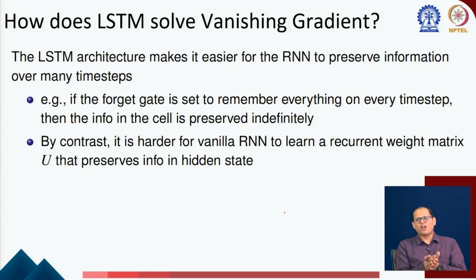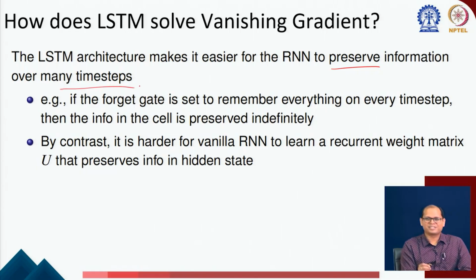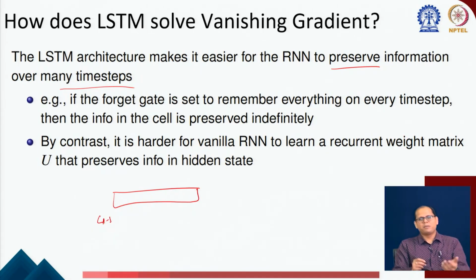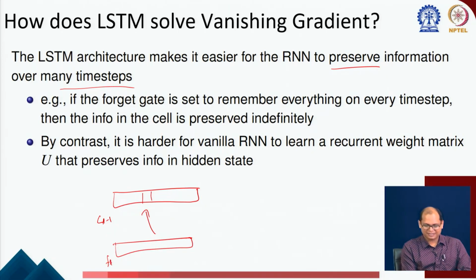So how does LSTM solve the vanishing gradient problem? What we have seen, LSTM would help you in preserving information over many time steps, because now you are not saying that okay, all this information in CT minus 1 will be multiplied by a matrix W. No, you are controlling it by gates, and if your forget gate is 1 in this dimension, you would retain this information.